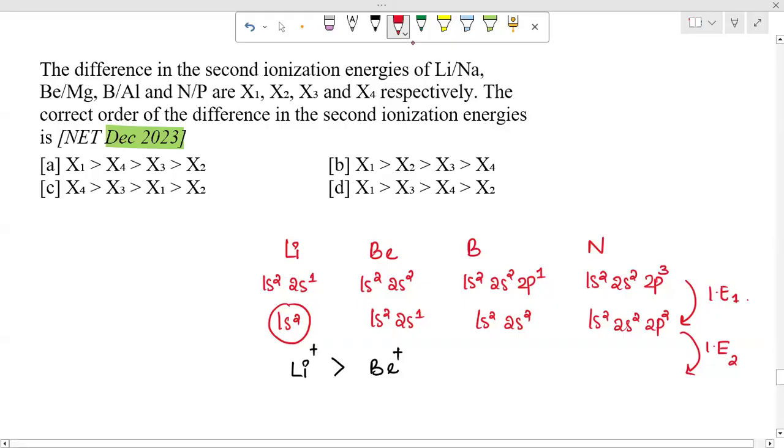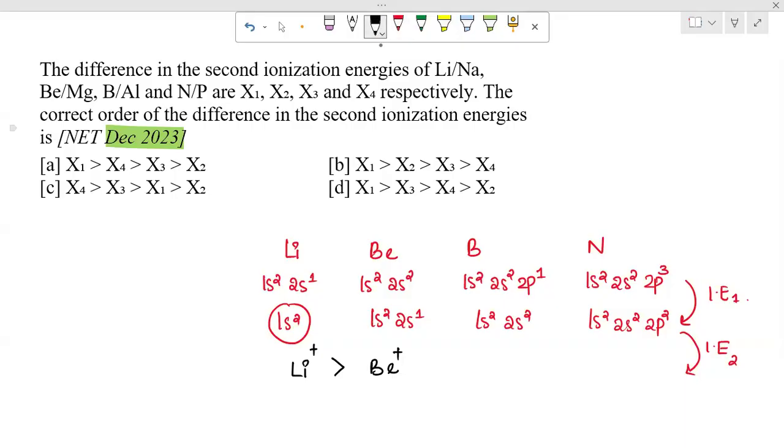If we compare lithium and beryllium, lithium has got a noble gas configuration, so that will be highest. Then beryllium and boron: this is fully filled, so boron plus will be next. And then finally, nitrogen and boron. This is 2s2 and this is 2p2, and these are not adjacent.